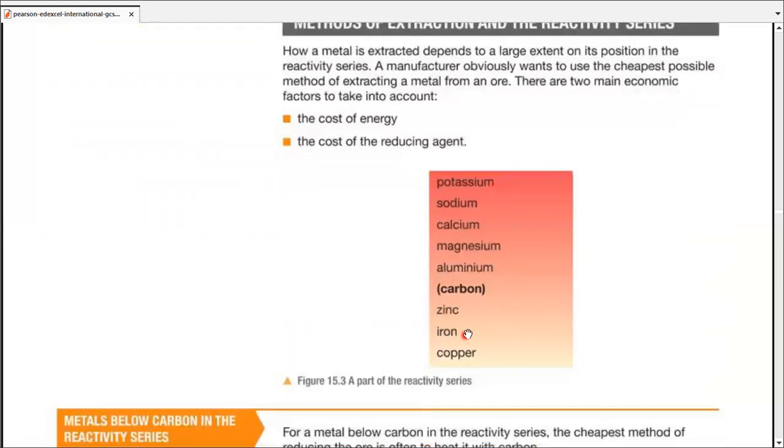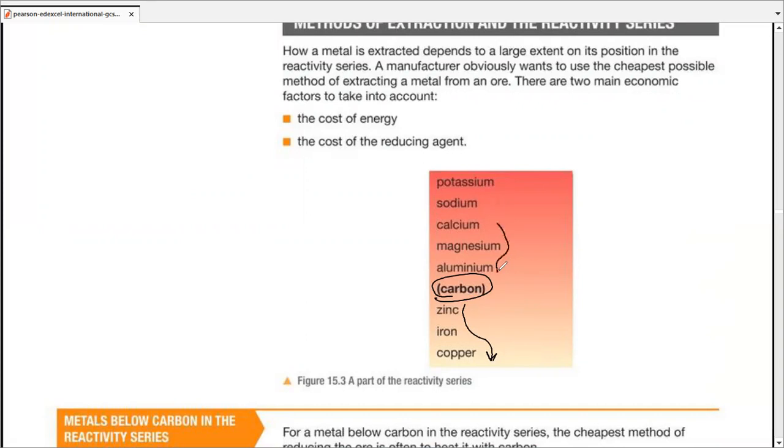Now, as you can see in this part of the reactivity series, carbon is the only non-metal, hence written in brackets. The ones less reactive than carbon are zinc, iron, and copper, which can easily be reduced with the help of carbon.